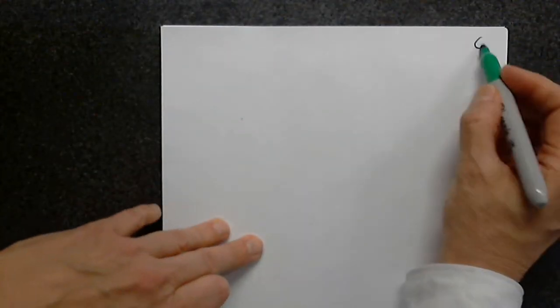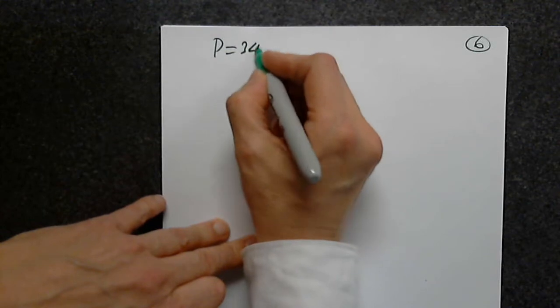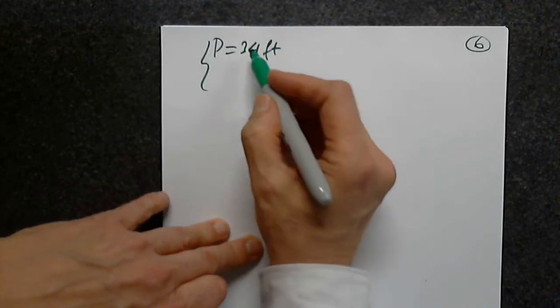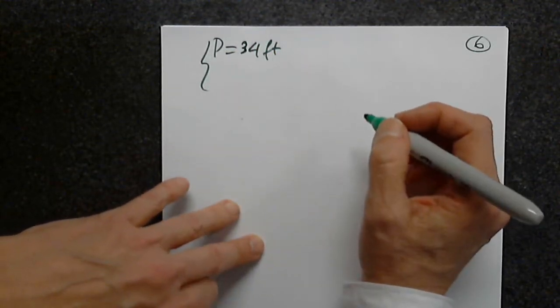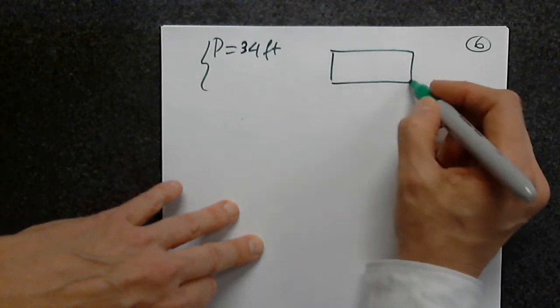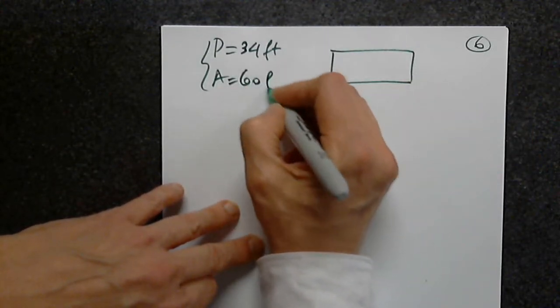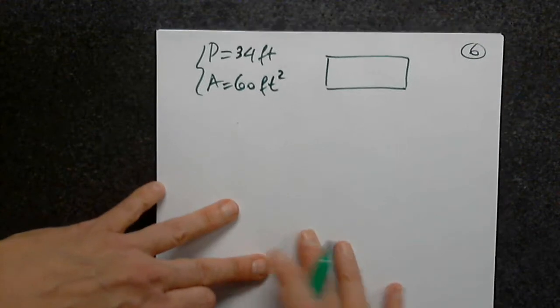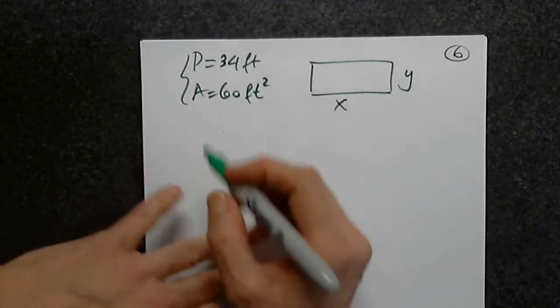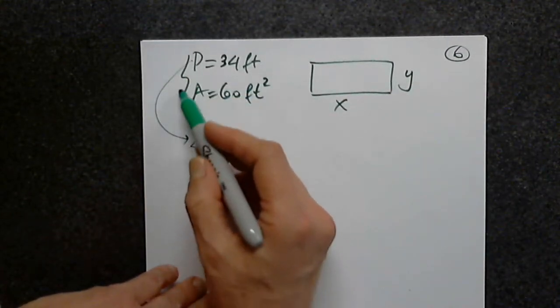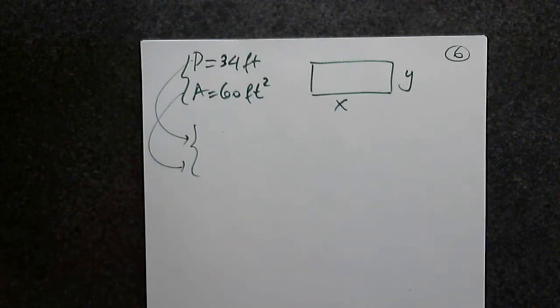Its perimeter is 34 feet, and whose area is 60 square feet. Very good. So of course we have x and y. So let's come up with an equation for the perimeter and then come up with an equation for the area. And then we will have a system to solve.